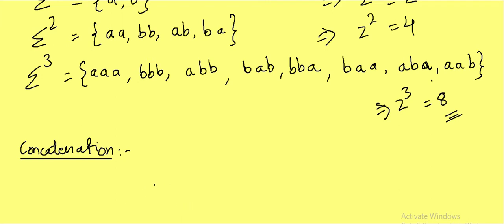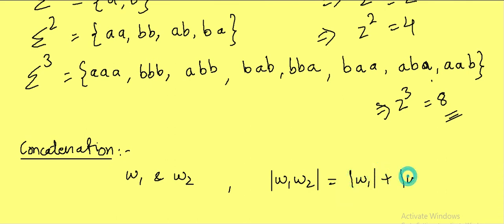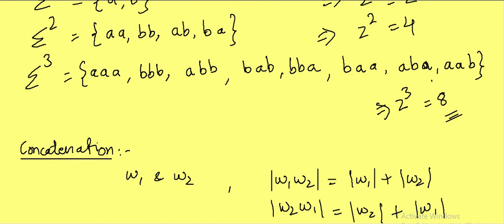Concatenate means if we have two strings like w1 and w2, they can be concatenated as w1 plus w2, and again if we have w2 and w1, it will be w2 plus w1, right, which are the two strings.